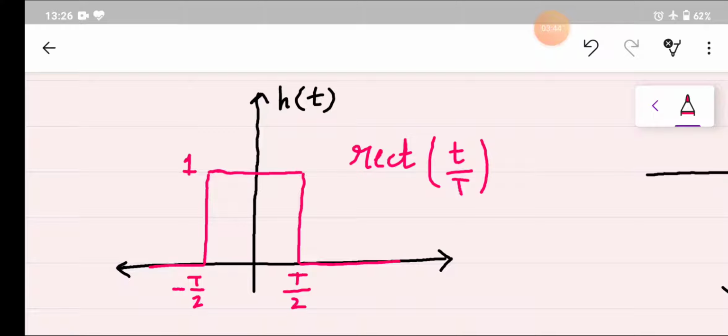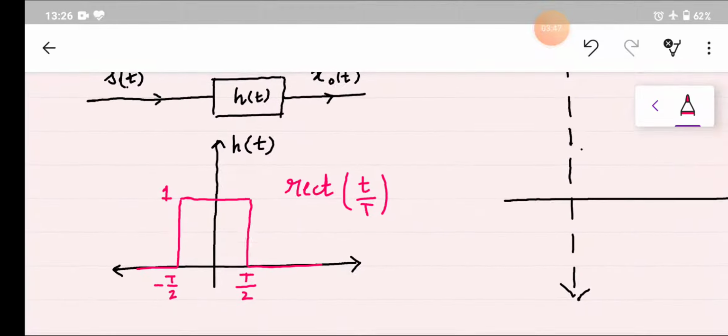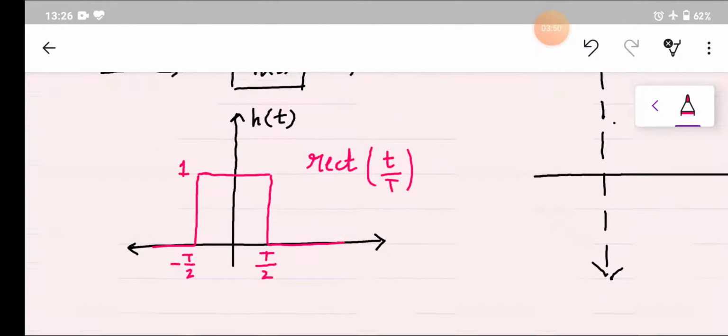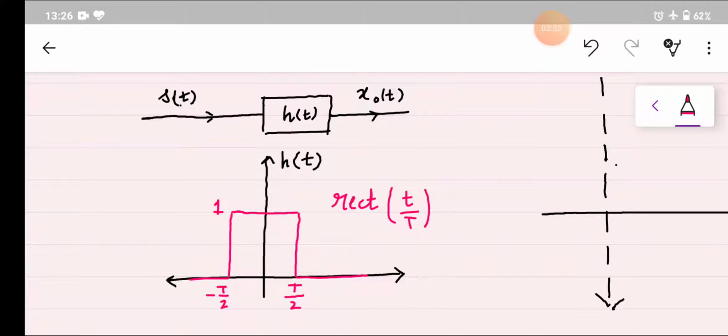Now we wanted to obtain X0 T when ST is passed through our ideal interpolating filter, which has impulse response HT.